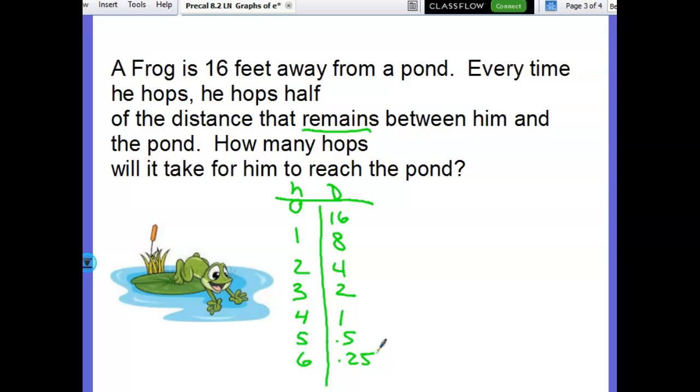Divide by 2, divide by 2, divide by 2. You'll never get to 0. It's impossible. It does get smaller and smaller, but you would never get to 0. So I guess technically the frog would never make it to the pond. He would have to jump an infinite number of times to reach 0. Okay, it's a weird idea, isn't it?